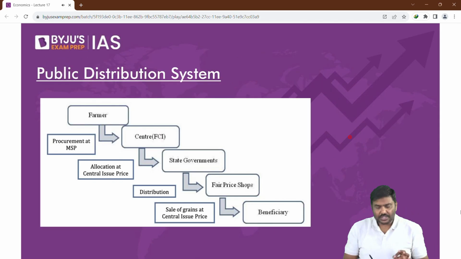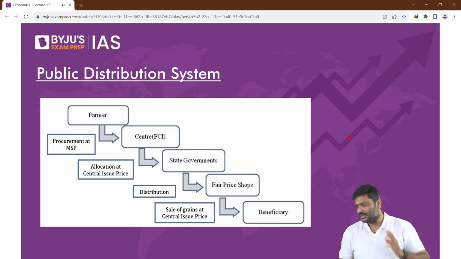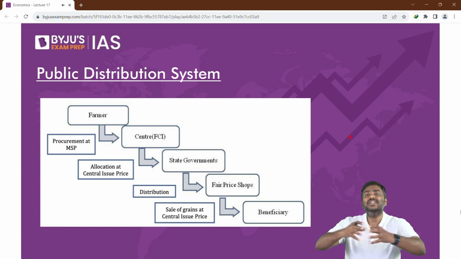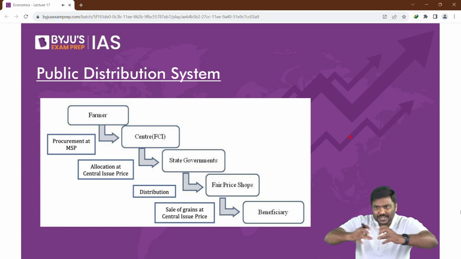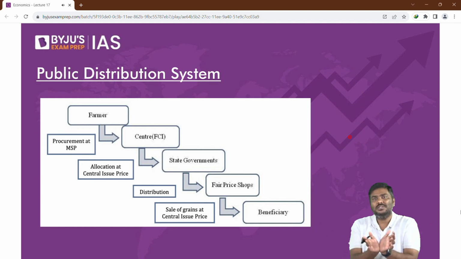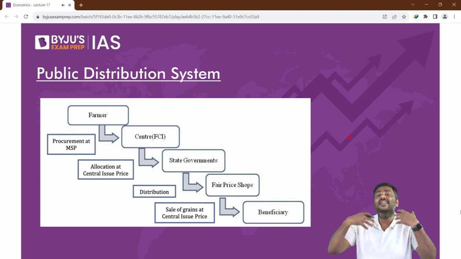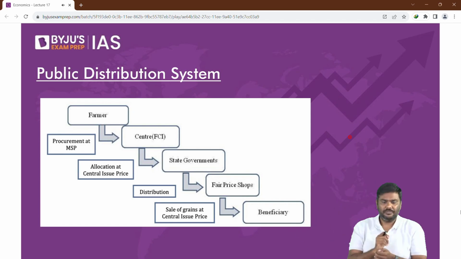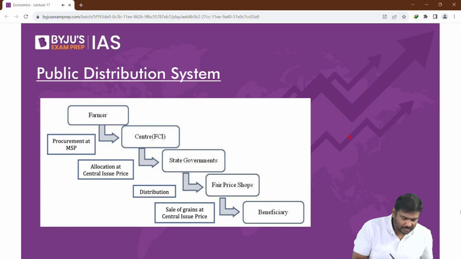And to distribute the food grains, we will have a system of shops called the public distribution system. Public distribution system refers to the connection of all these fair price shops, ration shops, which have been created to procure and distribute food grains.